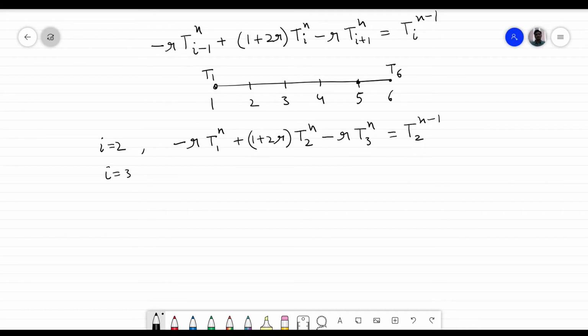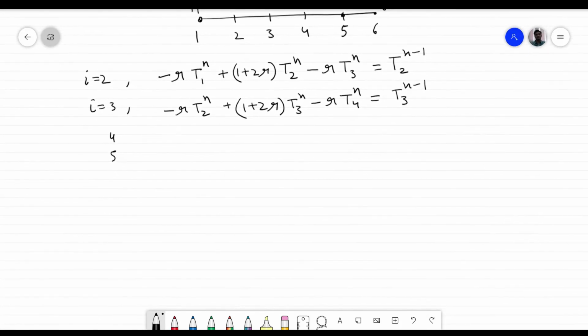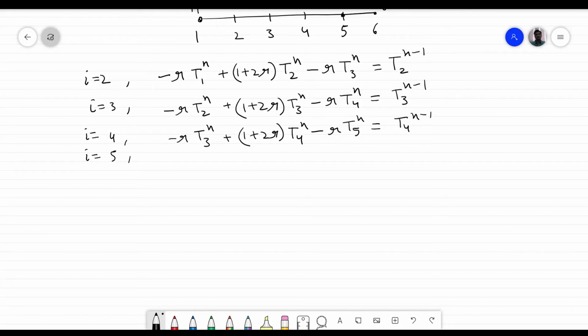For i equal to 3, you can write similarly, minus r t2n, 1 plus 2r t3n, minus r t4n equal to t3n minus 1. Similarly for 4 and 5 you can write. Let me write for 4.